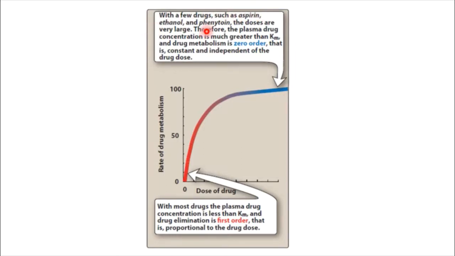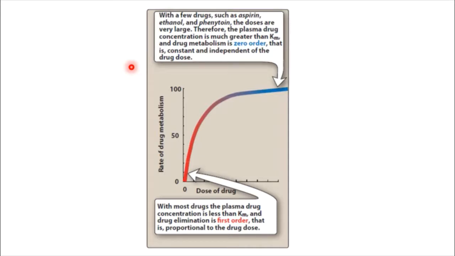The doses are very large, therefore plasma drug concentration is much greater than the Km value, and drug metabolism is zero order, that is, constant and independent of the drug dose.